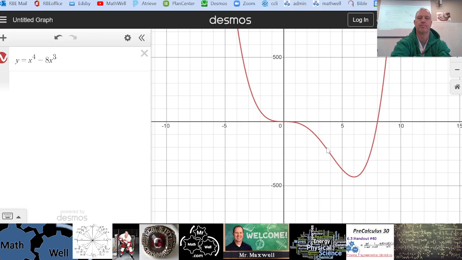We didn't find the points of inflection here. We're just testing the critical numbers to see if they're local max or mins. So there might be other points of inflection for sure. We haven't gone there quite yet. But it just so happened that one of the critical numbers where the derivative is 0, right? It's the derivative of 0. That's also a point of inflection.